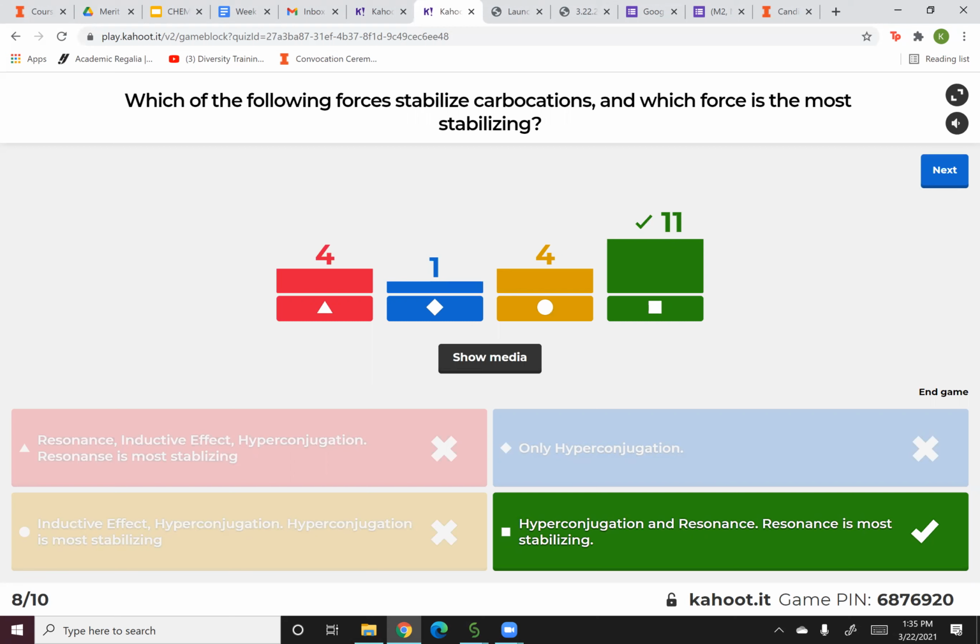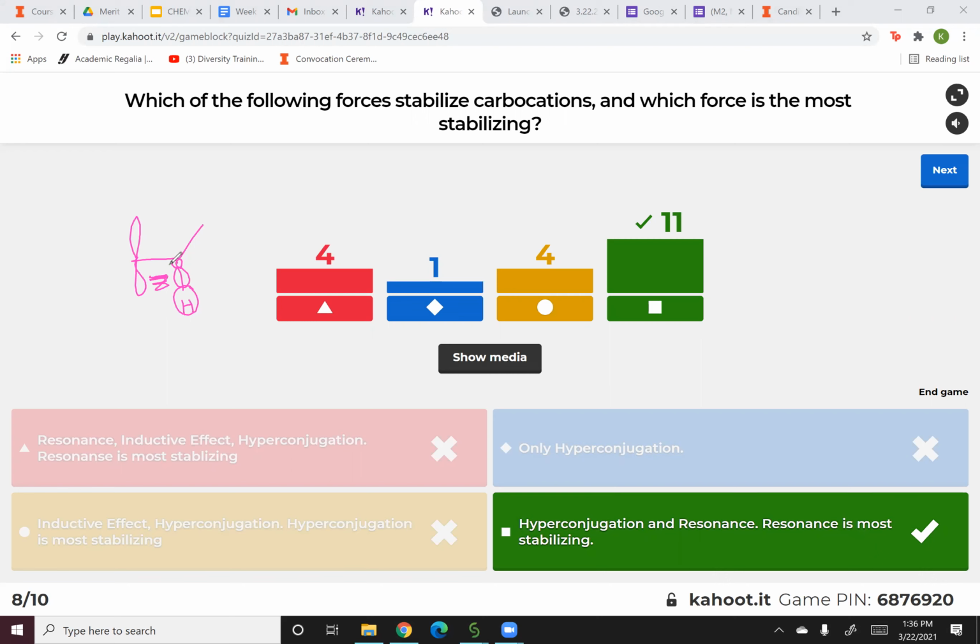So we know that hyperconjugation is when we have carbon-hydrogen sigma bonds align with our p orbital. And we're able to get some stabilization because, yes, that carbon-hydrogen sigma bond will share some electron density with the p orbital.